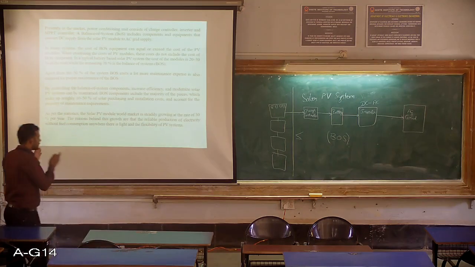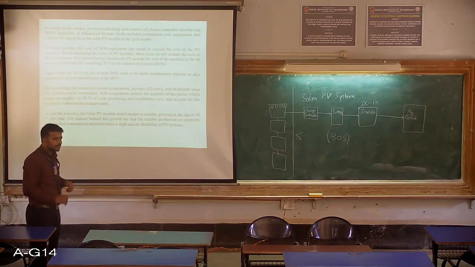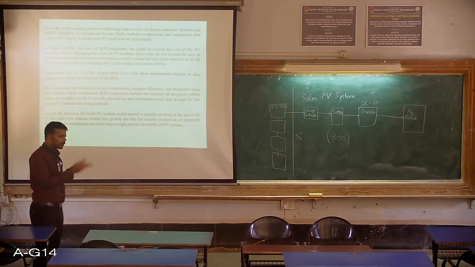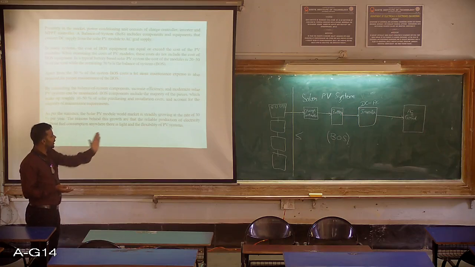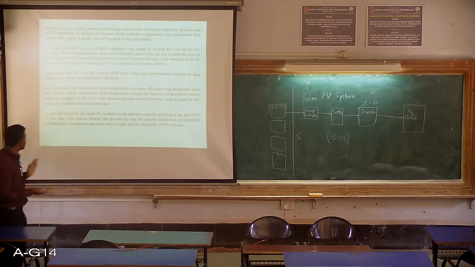So whenever it comes to the performance, or the efficiency, or the cost, we should give equal or more preference to the entire BOS system also, as much as we give the preference to the PV module. That is the meaning of this.